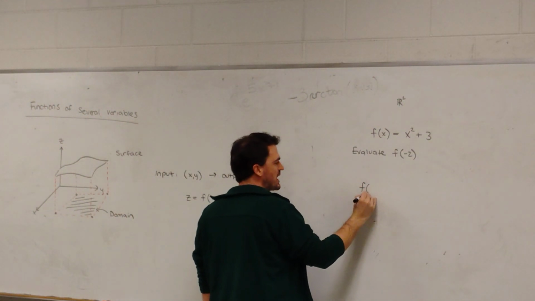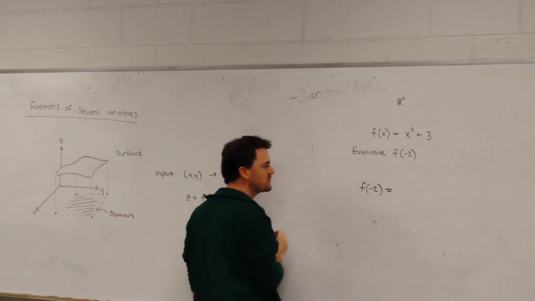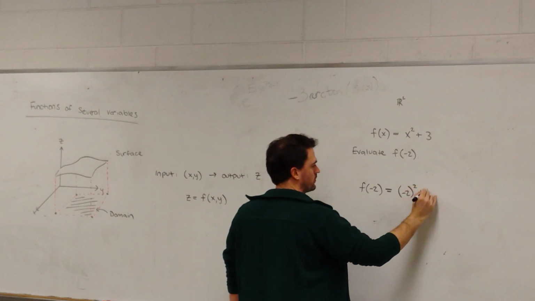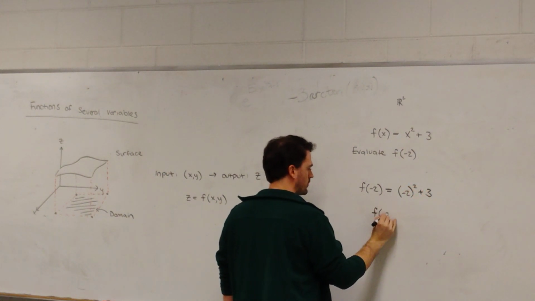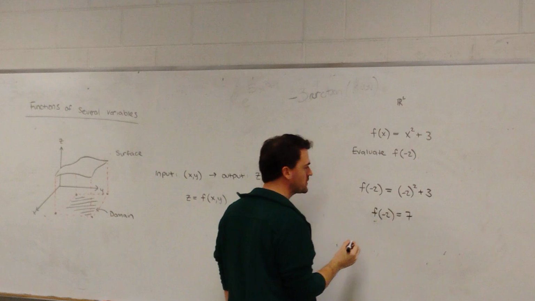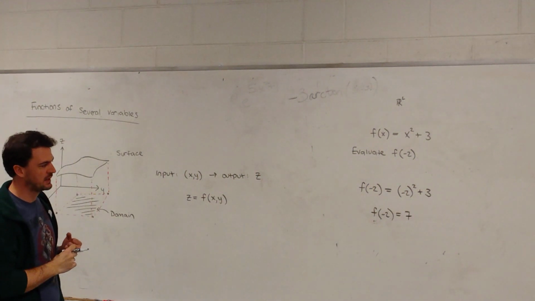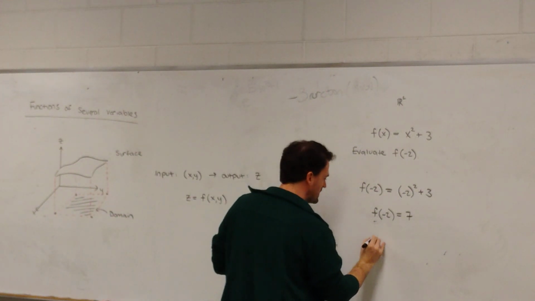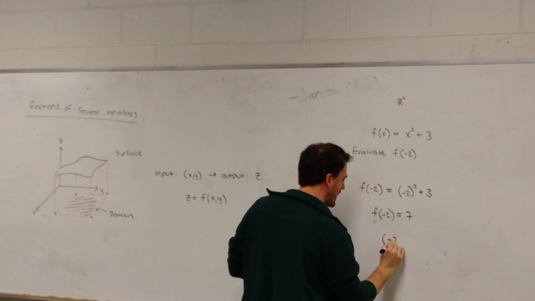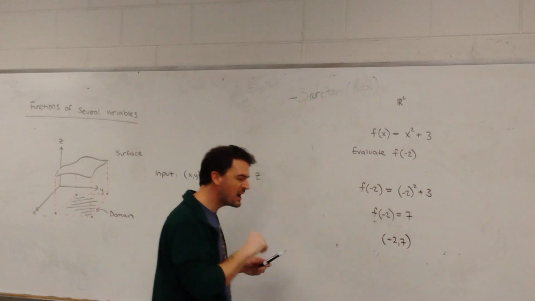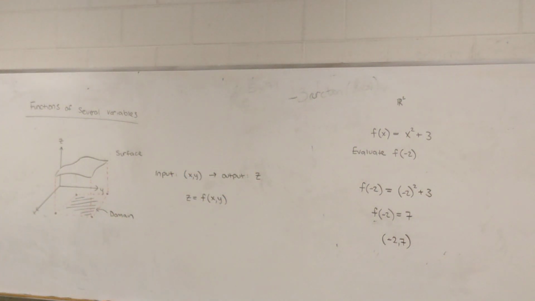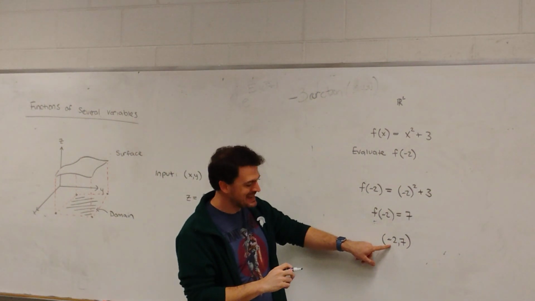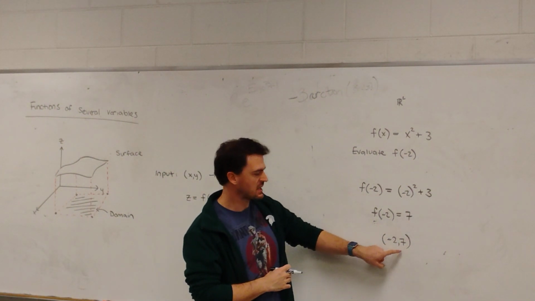And this notation is saying when you plug -2 into this function, -2 squared is 4, plus 3 is 7. This means in your xy plane, you have the point, the coordinate, -2, 7. And you could read this as saying, when you plug in -2, you get 7 back.